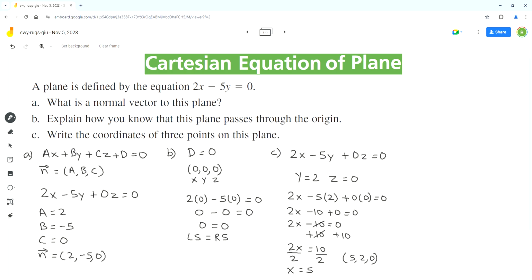Now we can find the second point on this plane, and for that I can use y as -2 and z as 0. Now we can sub in these values in the equation of the plane.